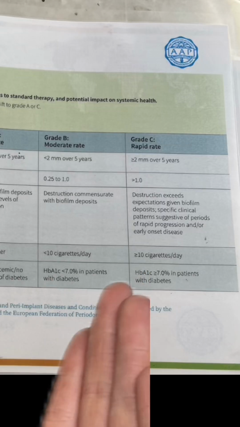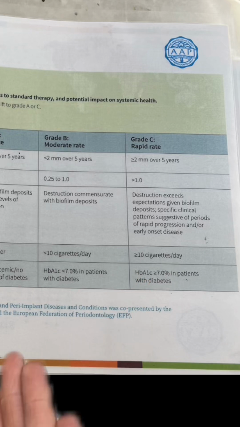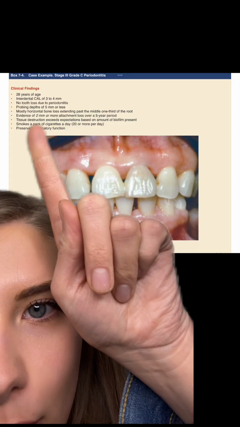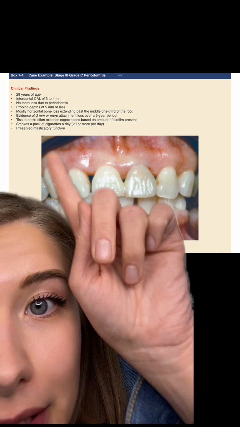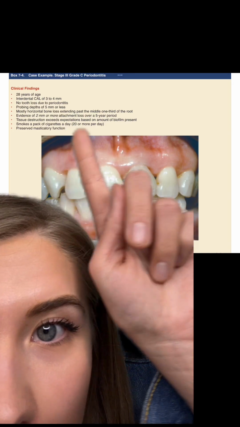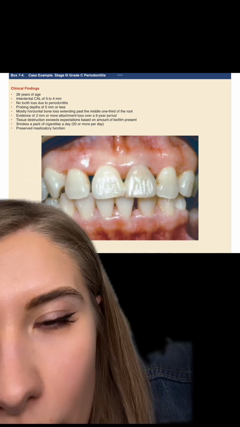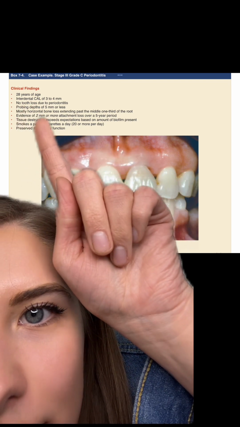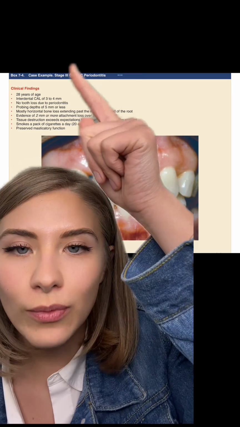They have more than 10 cigarettes a day and their HbA1c is greater than 7. They have more than 2 millimeters of attachment loss over a 5-year period. The tissue destruction exceeds expectations. They smoke a pack of cigarettes, or 20 or more a day, and they are 28 years old. 28 and a grade C.